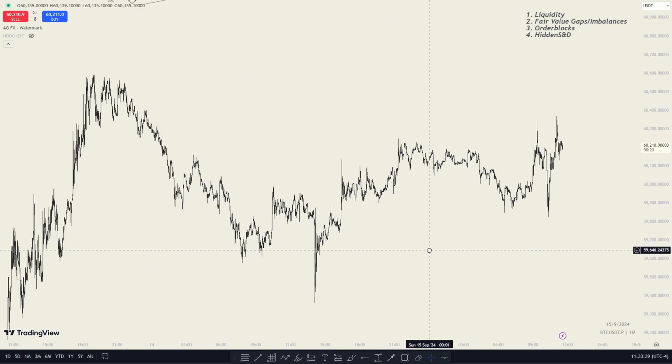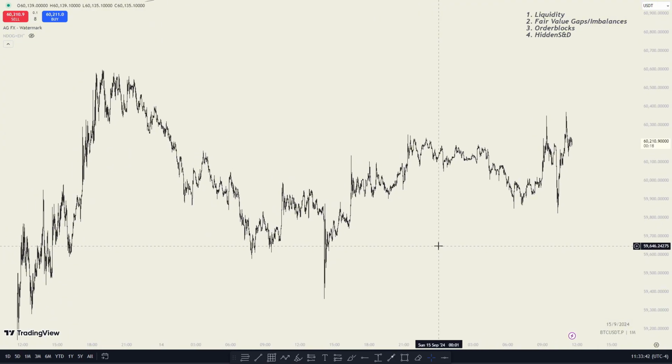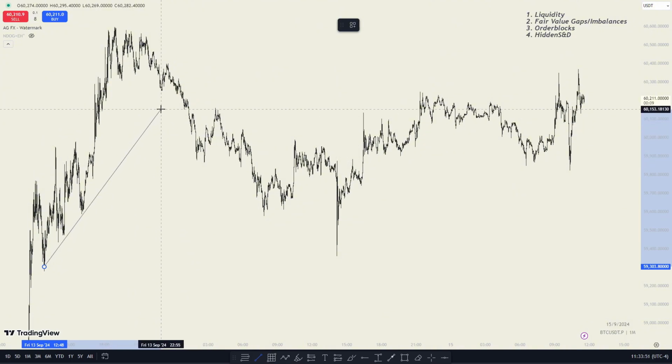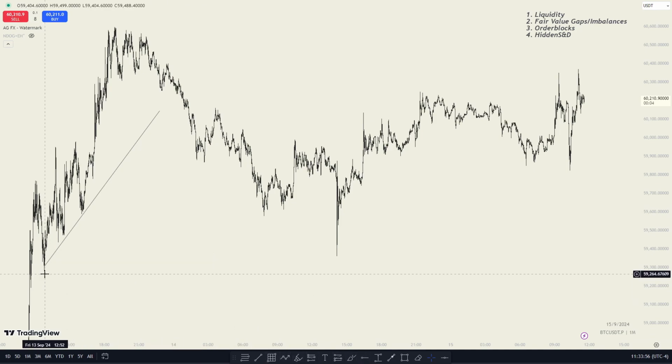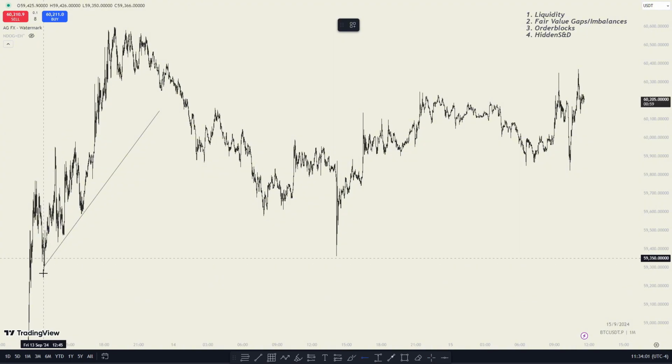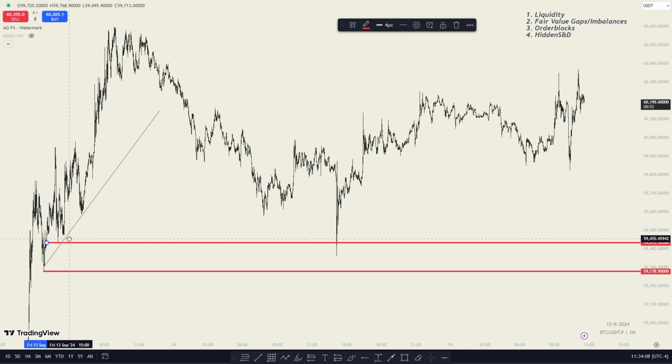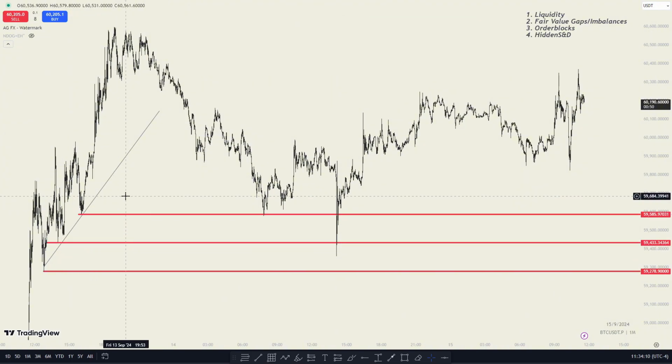So this is a 1 minute chart, and we will go over some examples. Here you can clearly see that this is a trend line, meaning that's trend line liquidity. So every stop from here got run, because people put their sell stops here.